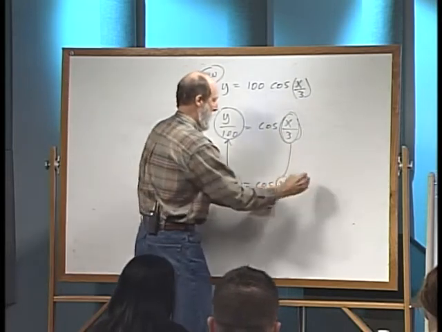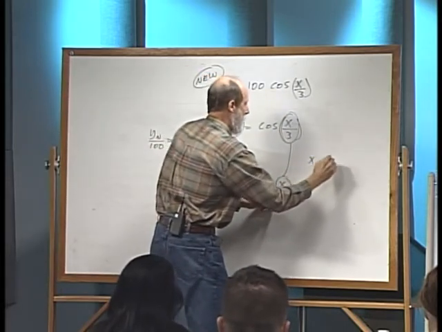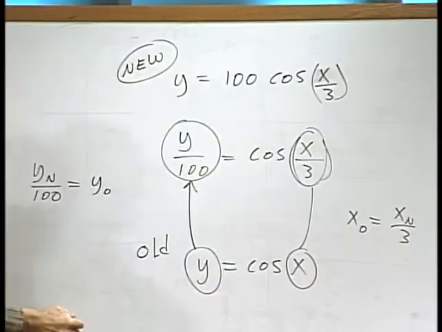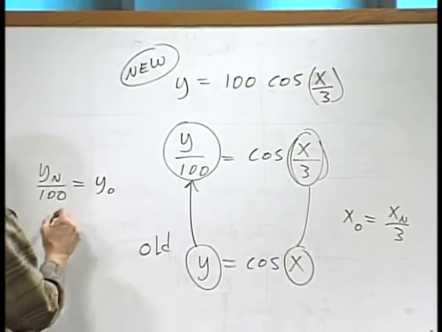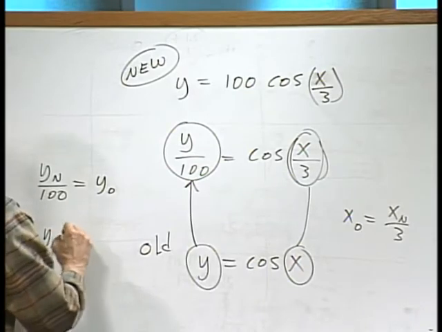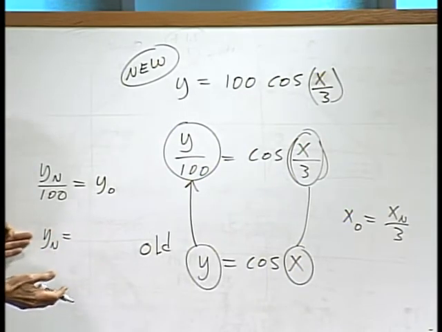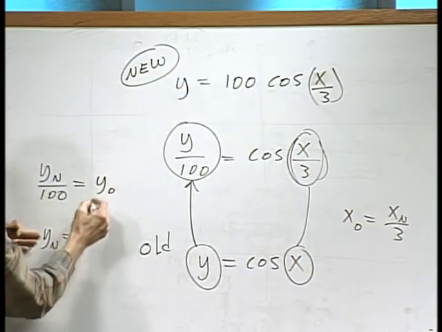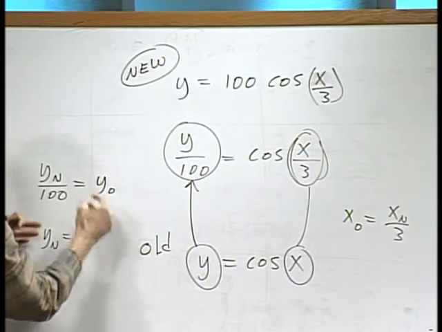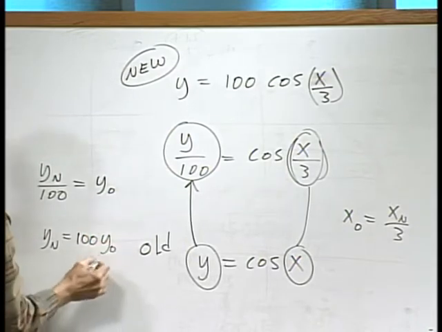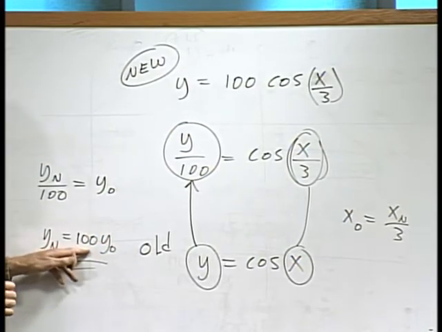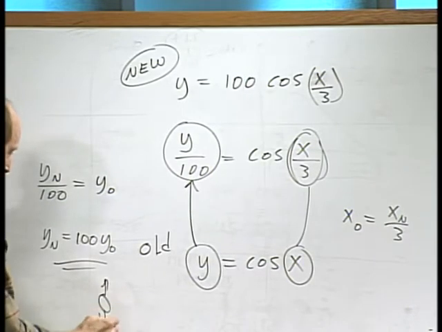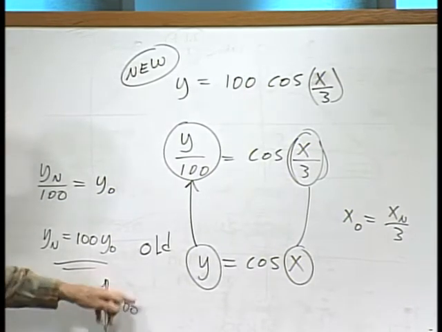Over here, your old x is equal to your new x over 3. Look at the algebra. The new y values here, which is what you're trying to graph, are equal to 100 times the old y. That makes it 100 times as tall as it was in its elementary form.